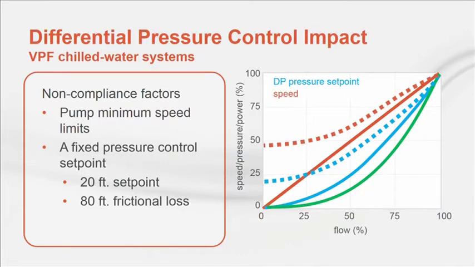In order to meet this system pressure requirement, the pump speed control will have to rise as well. In order for the pump impeller to meet the 20% pressure requirement, the speed can never decrease below about 45%. Of course, this affects the pump's power curve also. The pumping power is higher at all loads.